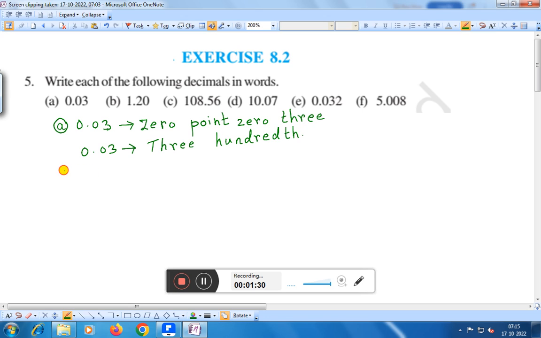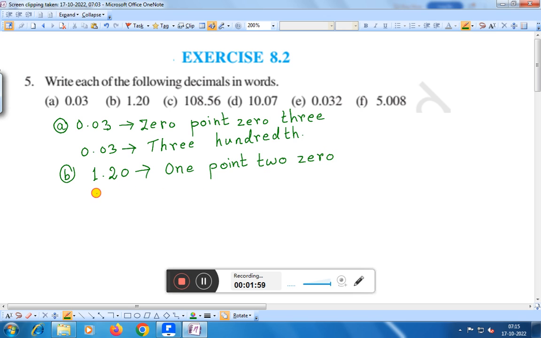Question number B is 1.20. You can write it here as one point two zero.